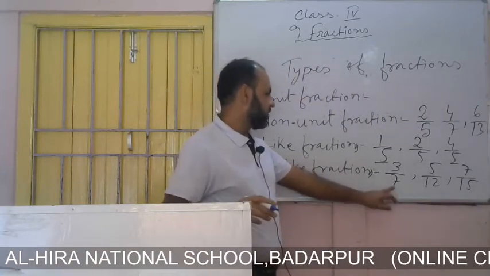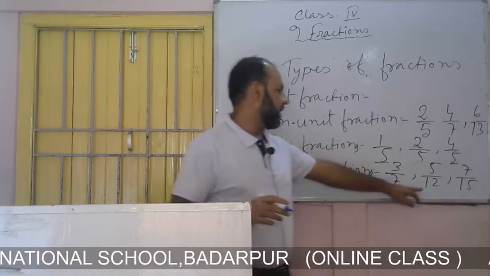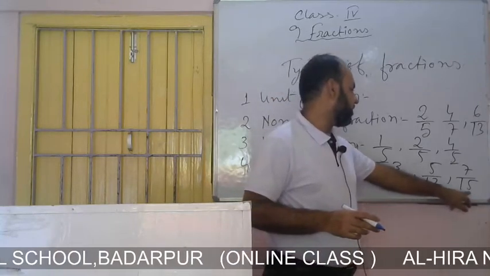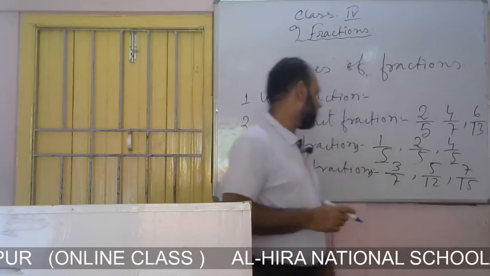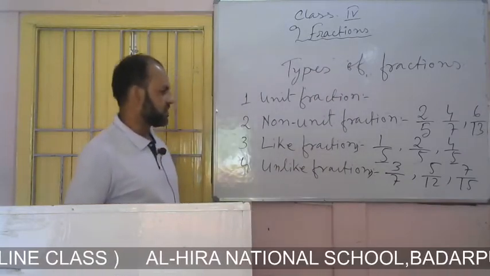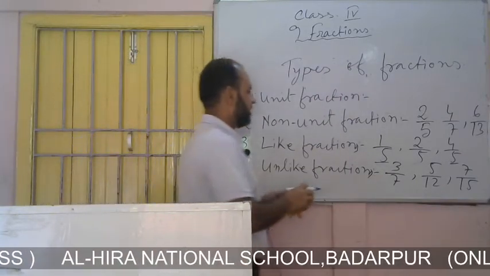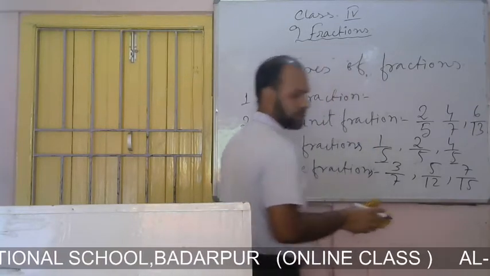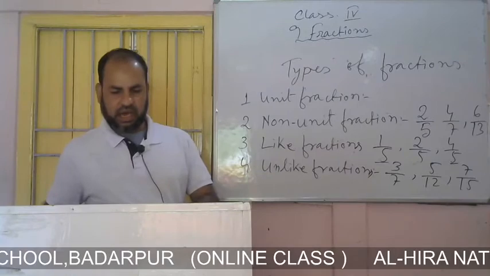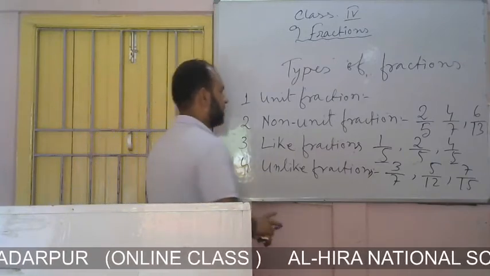Here the denominator is 7, here 12 and here 15. So, different denominators are there, that is why these fractions are unlike fractions.